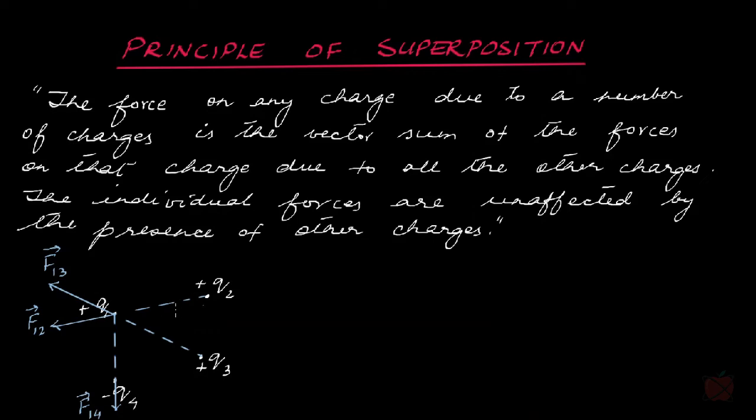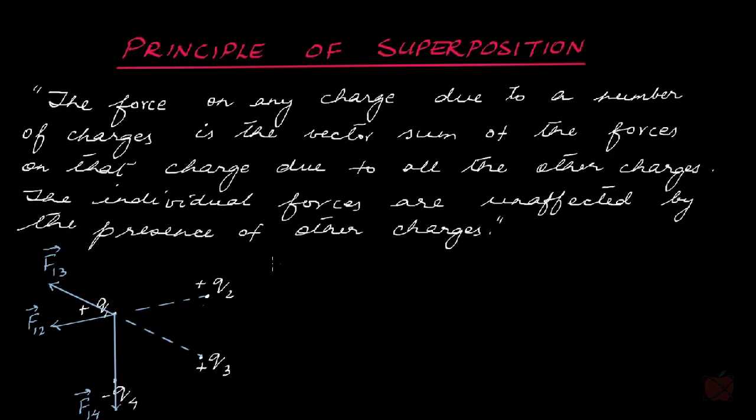Oh sorry, I made a big mistake there. F14. So you can see that there are three forces acting on Q1. Now, how do we get the resultant force on Q1? We have to use the vector sum.